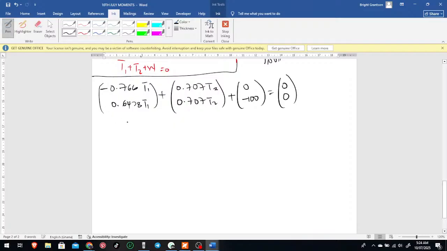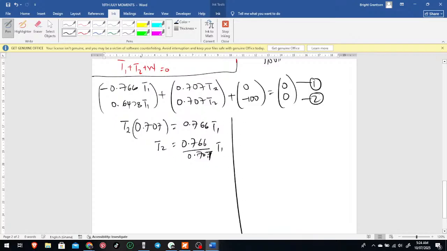So 0.707 T2 equals 0.766 T1. And we substitute T2 equals 0.766 over 0.707 T1. Right. This is equation 1, this is equation 2.